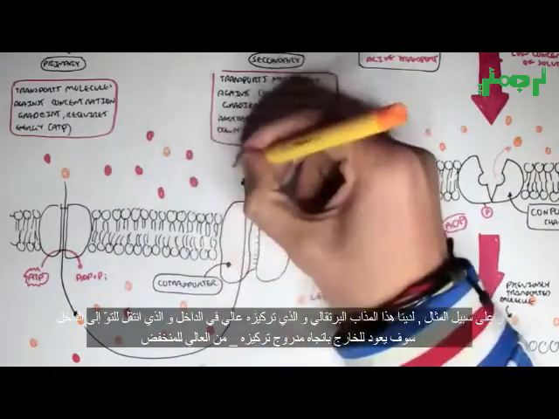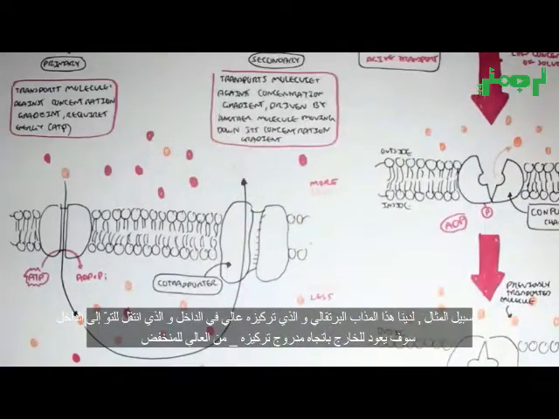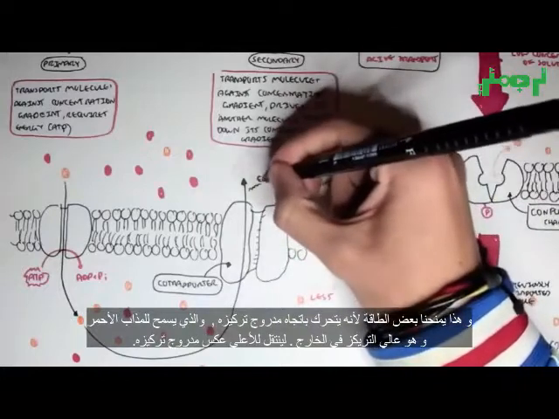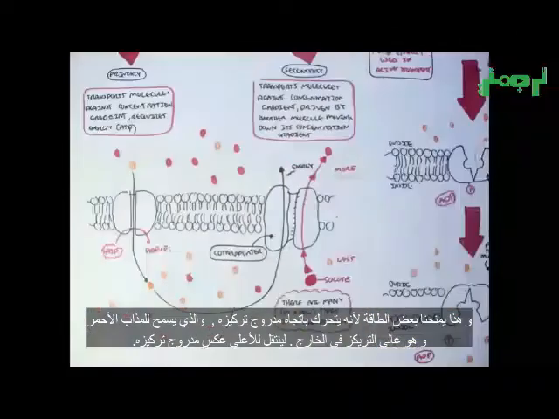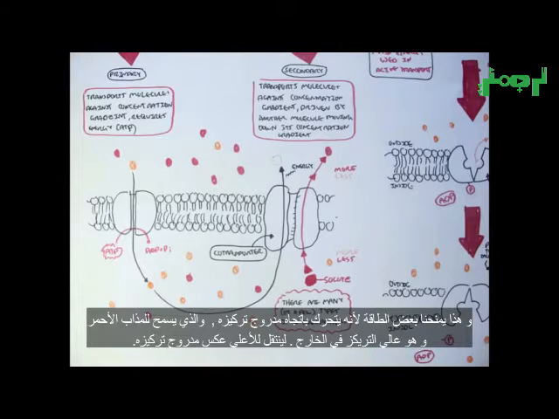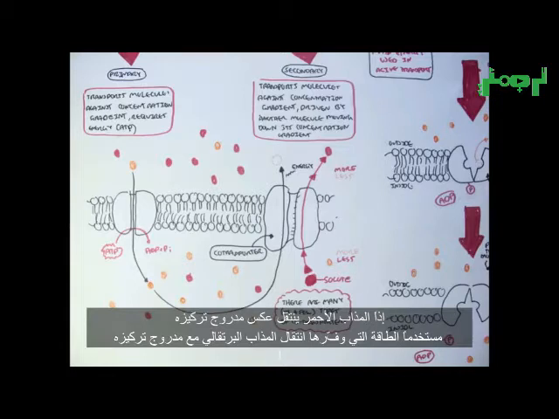It will go back down its concentration gradient, and this will release some energy, which will allow a red solute, highly concentrated on the outside, to move up against its concentration gradient. So the red solute is moving against its concentration gradient, with the energy provided by the orange solute moving down its concentration gradient.